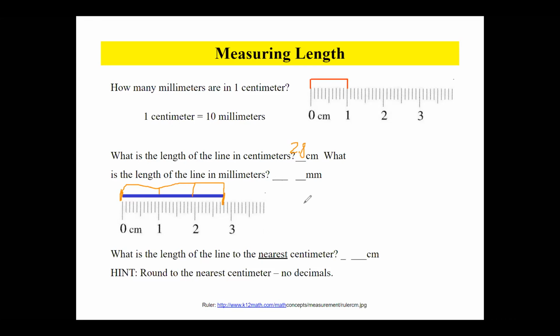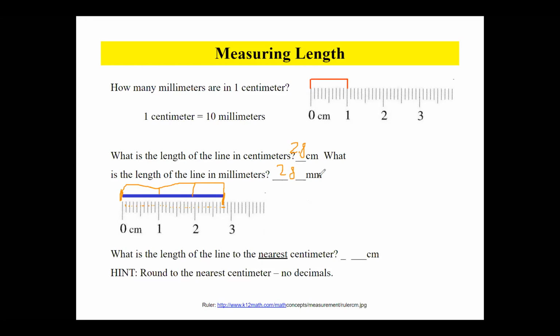Or if we wanted to measure it in millimeters, we could just count up all of the very small dashes. 1, 2, 3, 4, 5, 6, 7, 8, 9, 10, 11, 12, 13, 14, 15, 16, 17, 18, 19, 20, 22, 23, 24, 25, 26, 27, 28 little dashes.